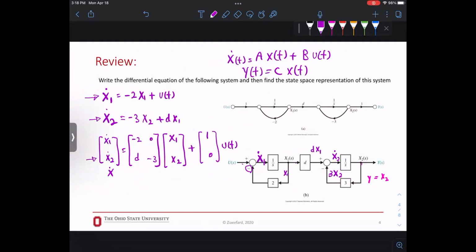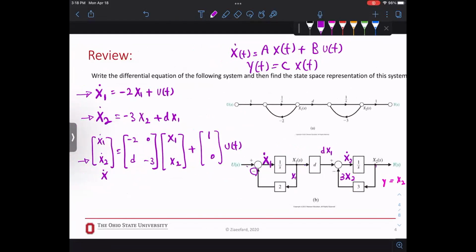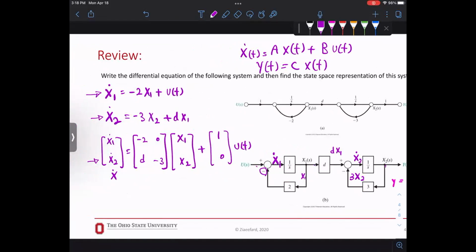So if I'm going to write it with a different color, blue, y is x2. We have C matrix times still x1 and x2 are our states, right? Same state. The only thing is we are only looking at x2, so this is 0, this is 1.